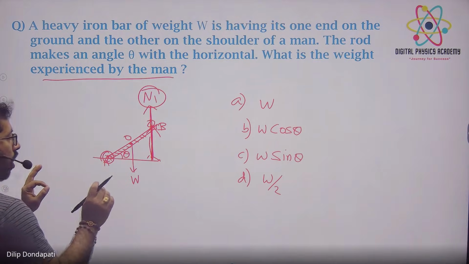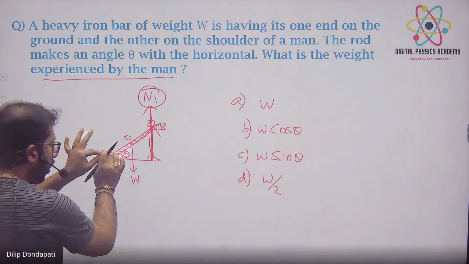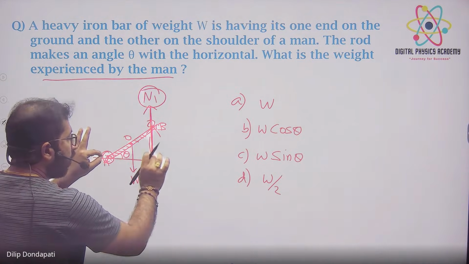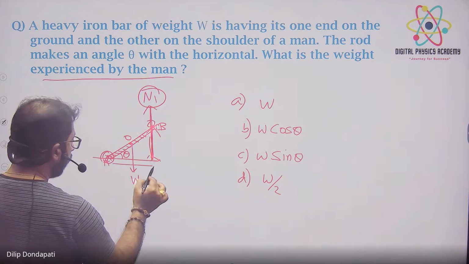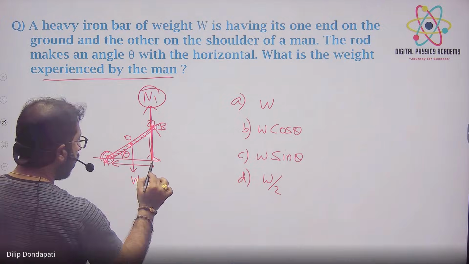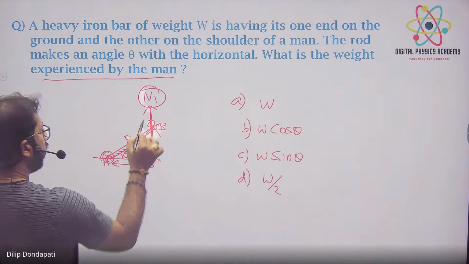Whenever you take torque, about which point you take, from there you take the perpendicular distance of the force. From point B, if I take this distance, because r into F perpendicular. Okay, so won't you get it? One second.